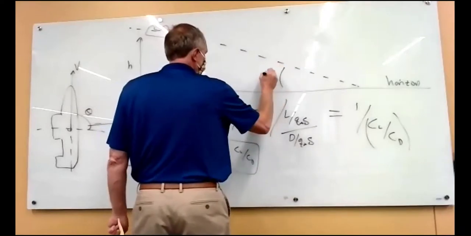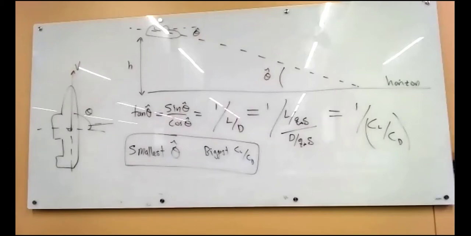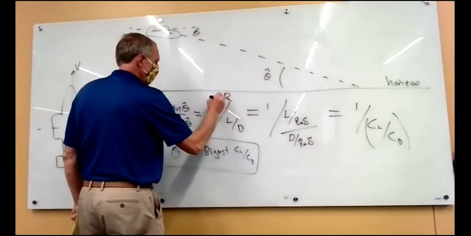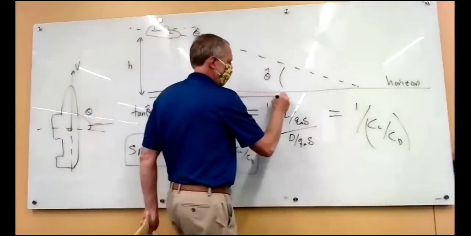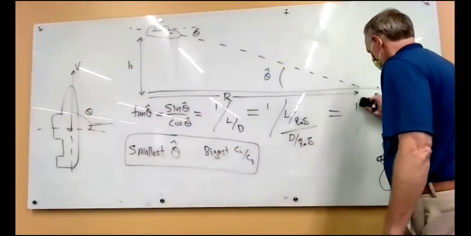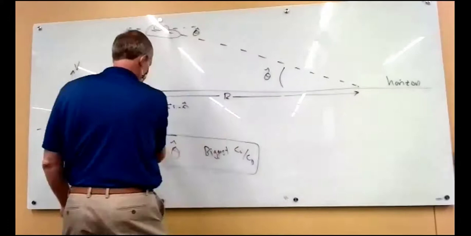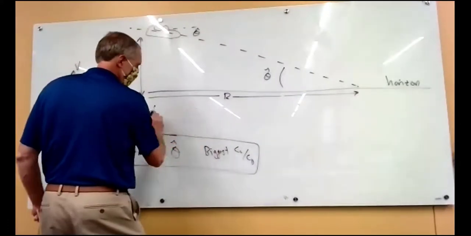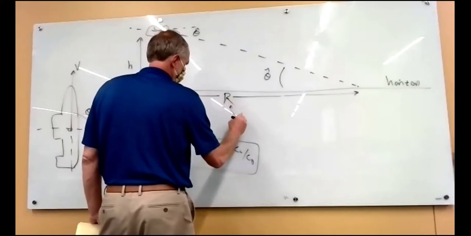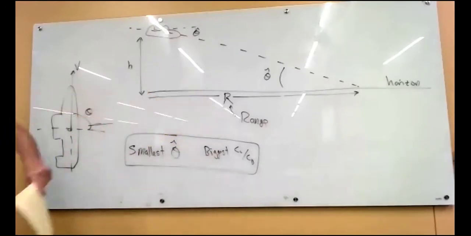This is angle theta hat, of course, because it's the opposite angle like that. And then this distance here, where it hits the ground, is what we call the range. That's how far downrange it can go.